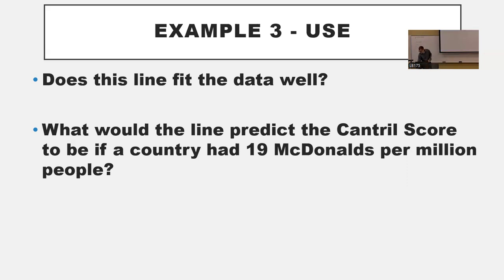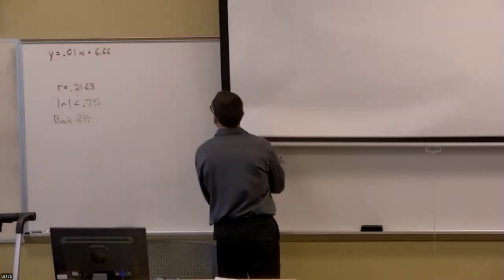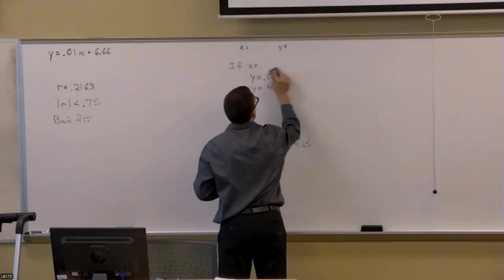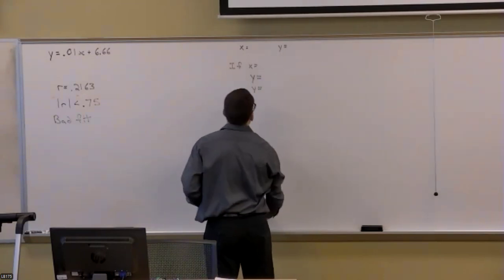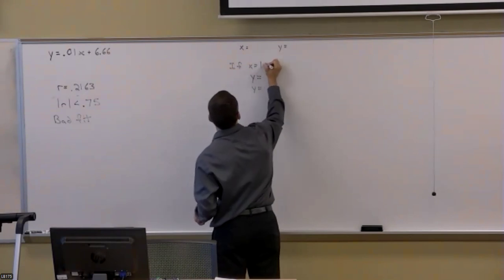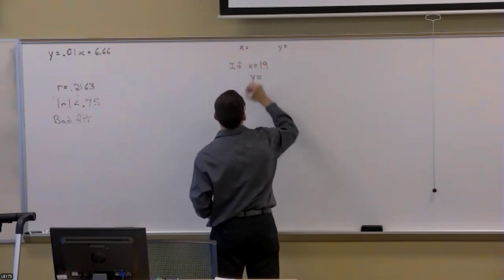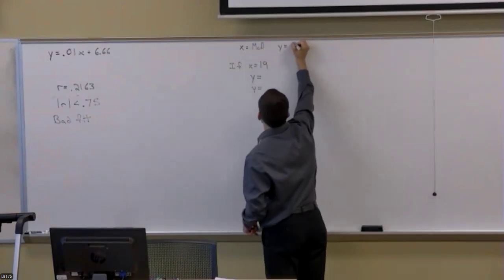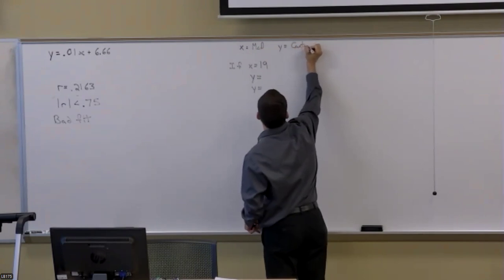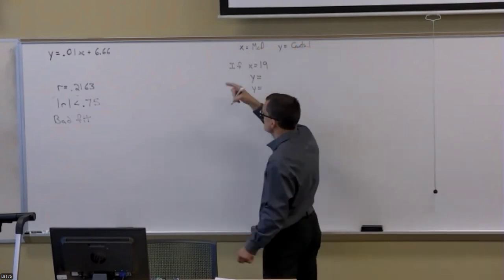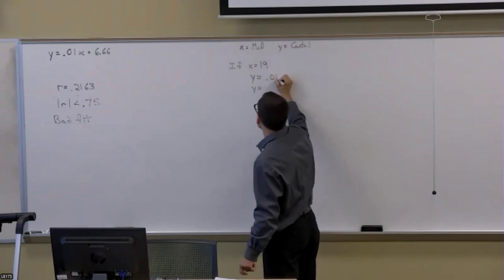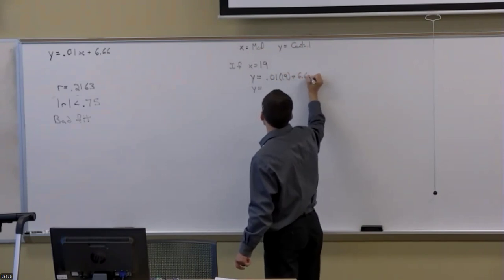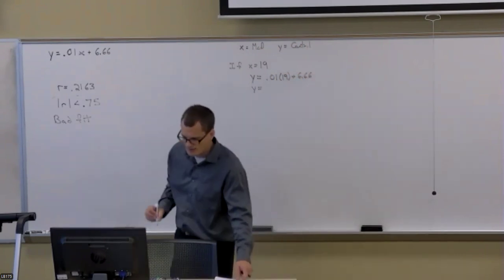So in this case, we're essentially saying what happens if X is 19. X was the number of McDonald's restaurants per million people, and Y was this Cantrell ladder score, which tells you overall level of happiness. So we plug that in and see what happens.